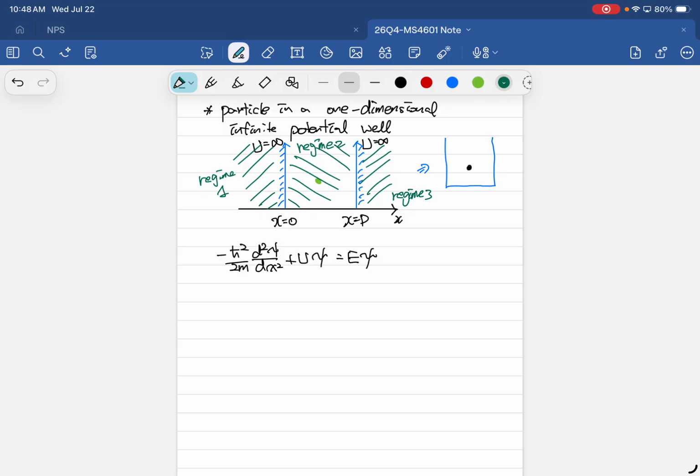Just for simplicity, let us work on regime 1 and regime 3. For these two regimes, we don't have to solve the Schrödinger equation, because we can reasonably find the answer by just looking at the physical problem.